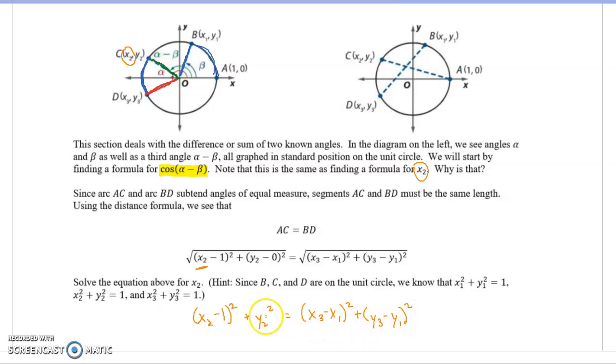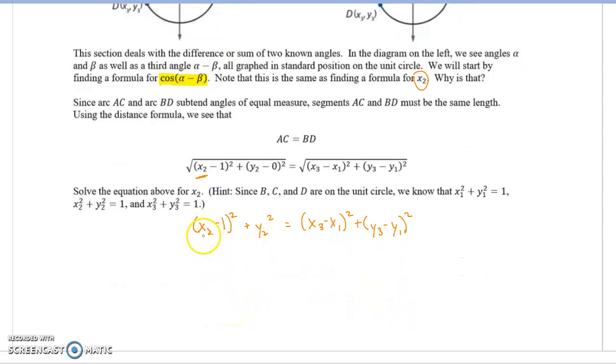And then it's just a whole bunch of algebra. So we're going to try to solve for x2. Let's see, maybe we'll go ahead and subtract this y2 squared. So we'll do x2 minus 1 quantity squared equals, I'll go ahead and expand these out as well.